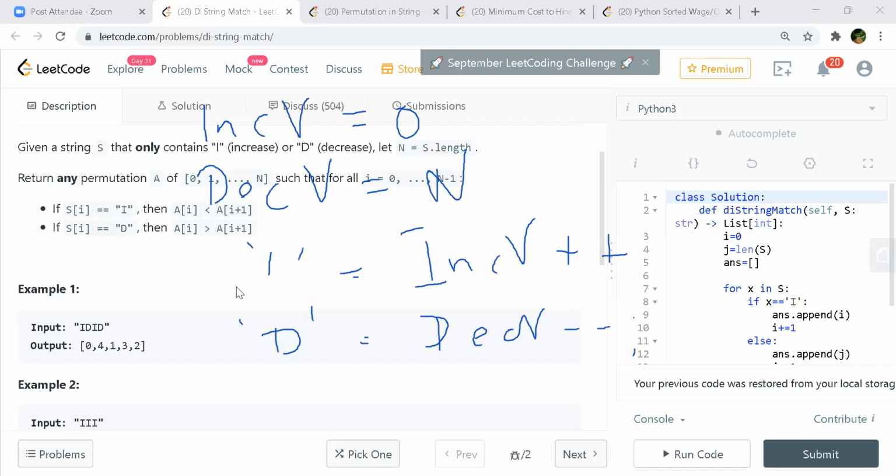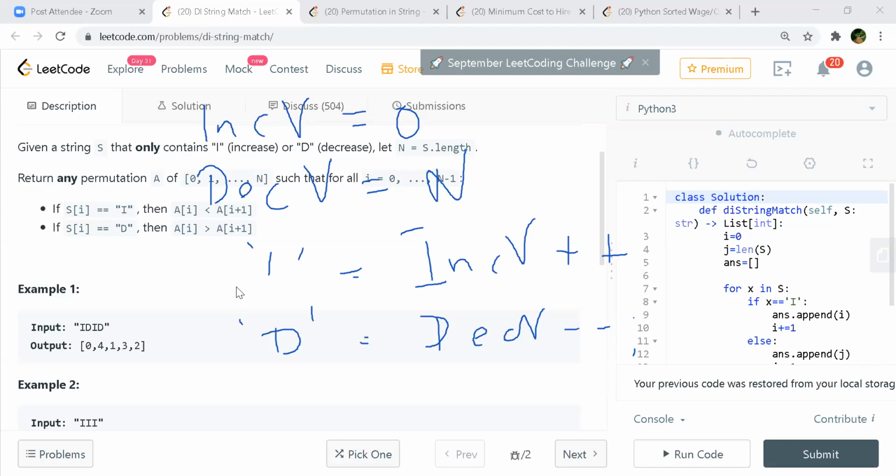Something like that. But are you not considering A of I plus 1? See, whenever I see I, if I take the least value I have currently in the current state, then even if the next is D or another I, if it's an I I will always pick up a greater value than what I've put in here, right?